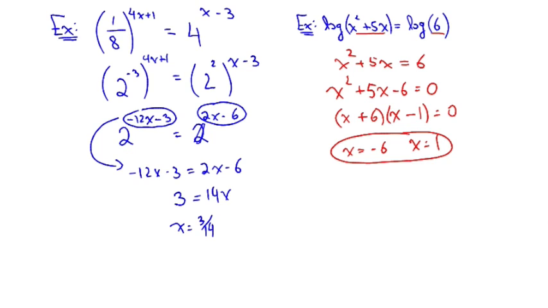How about this? If I have log of, let me think, x squared minus 5 is equal to log of 4x.